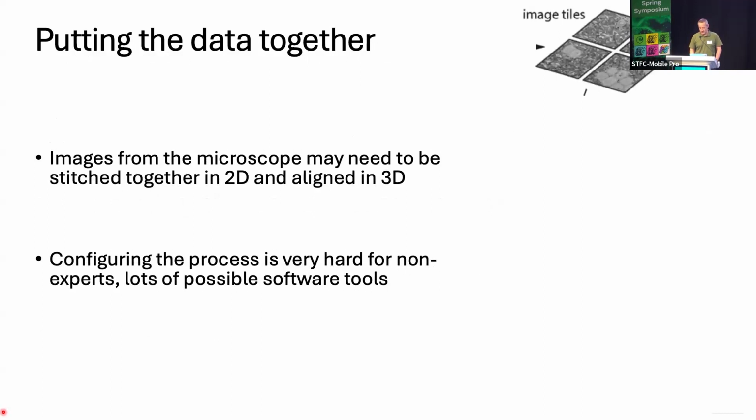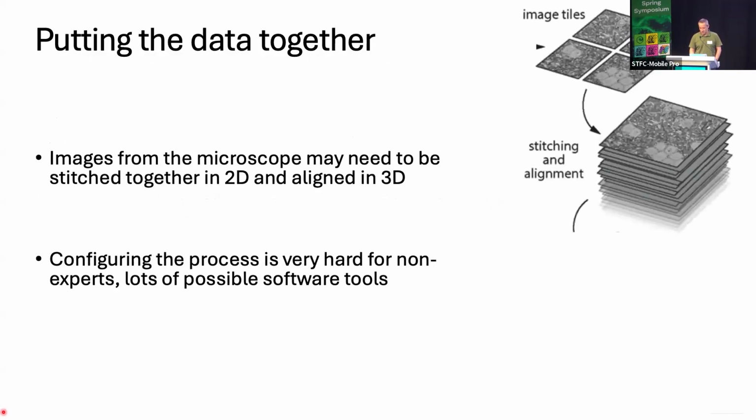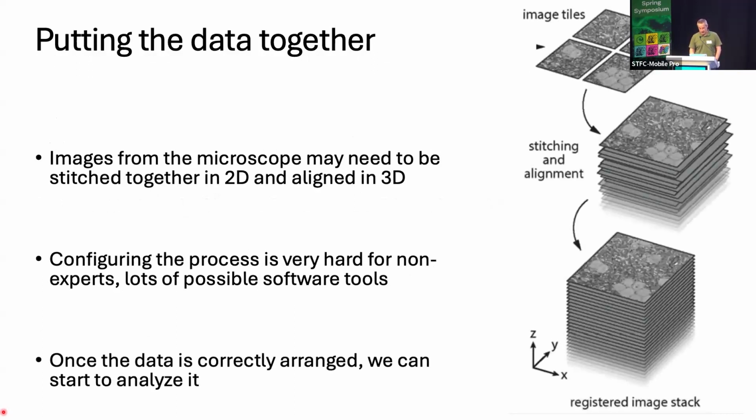For end users, in our team of 12 or 14 people doing this, there are probably 8 different ways that people do this. So there's really no consensus. The general process is taking a bunch of image tiles, stitching them, aligning them, and preparing them to go on and do our processing.